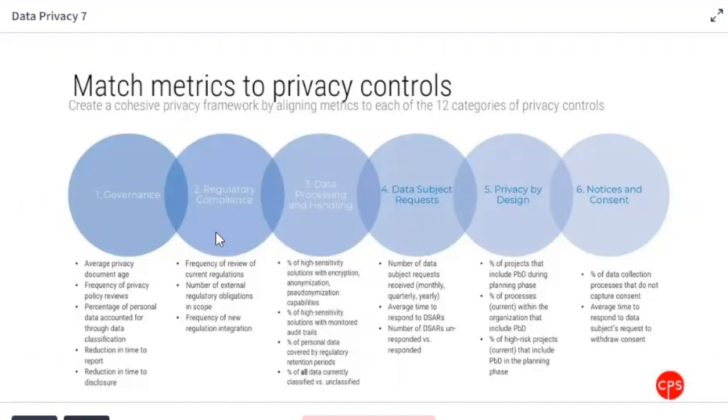Privacy by design: you can measure it by the percentage of projects that include privacy by design during the planning phase. So how many projects did you start, or how many applications did you build, where you had privacy by design in mind while planning?